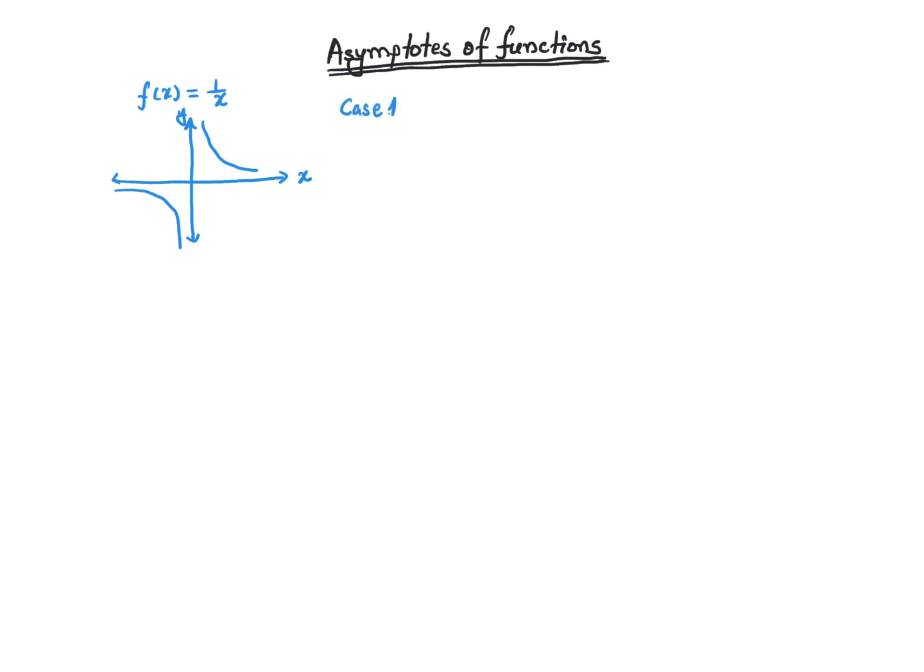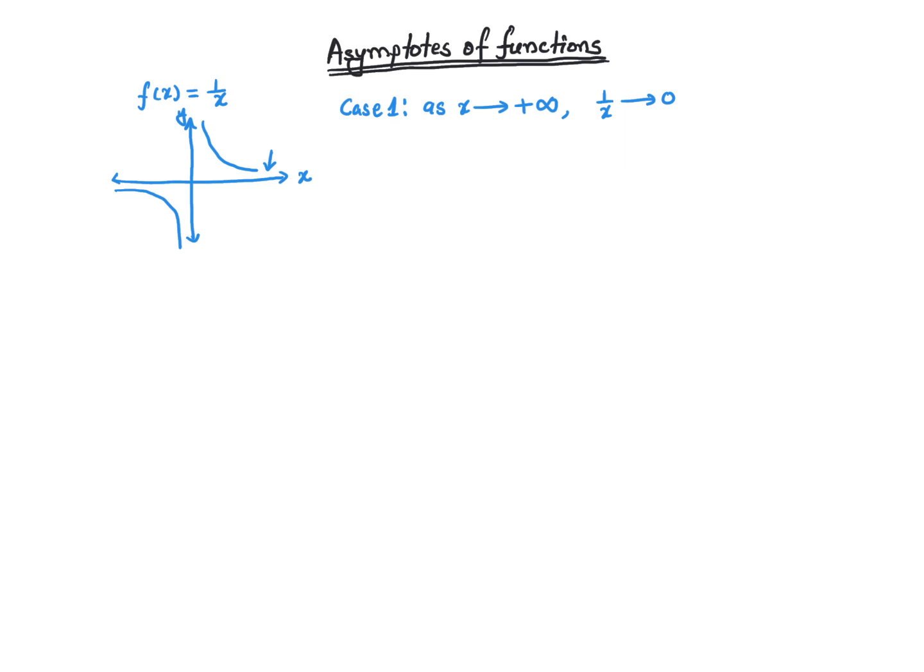Case 1. What happens to the function f of x or 1 over x as x approaches positive infinity? What happens to 1 over x? 1 over x approaches 0 from the top. Remember, it's getting smaller and smaller and smaller.